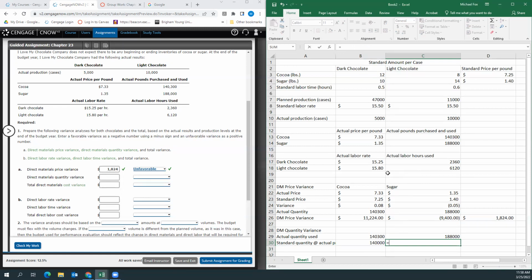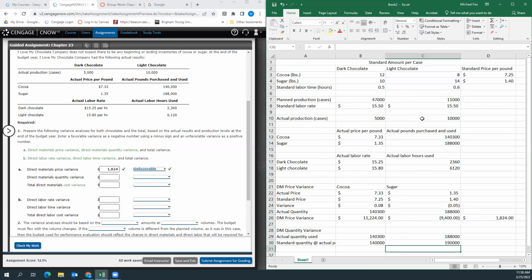Our dark chocolate is 10 pounds per case times the total number of cases, which is 5,000. Our dark chocolate plus 14 pounds per case times the 10,000 cases of light chocolate.